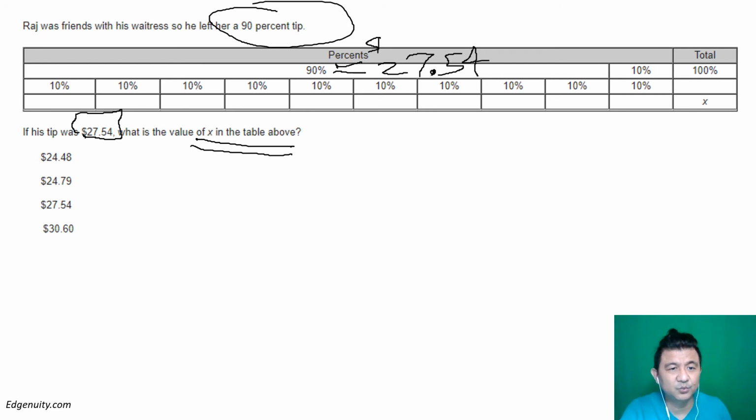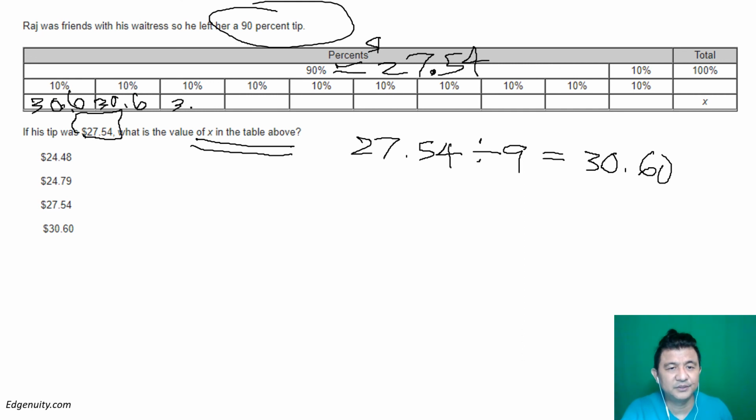So how many parts was it split? How many 10% are there? There are 9, right? So 27.54 divided by 9, and you will get 30.60. So meaning for each of this part, that's going to be 30.60, right? Okay, that's what you need for each of the 10% because that's the only thing that's being asked.